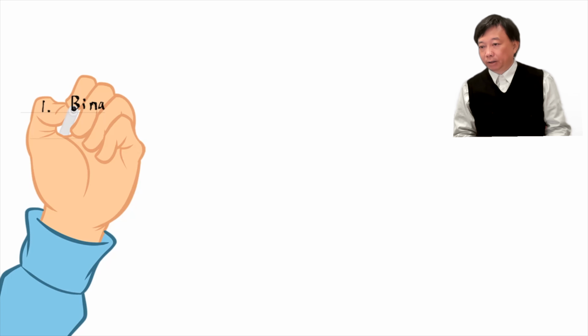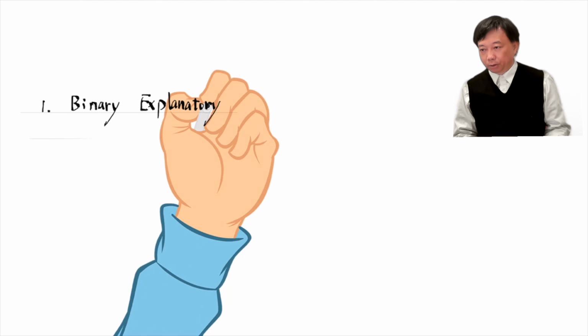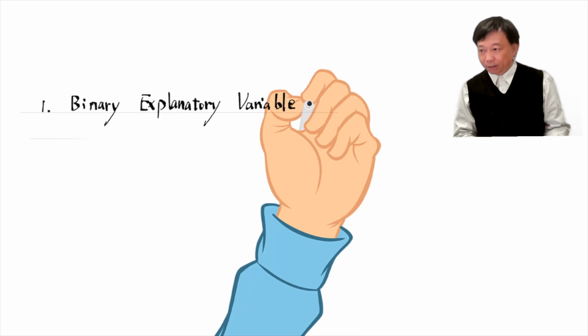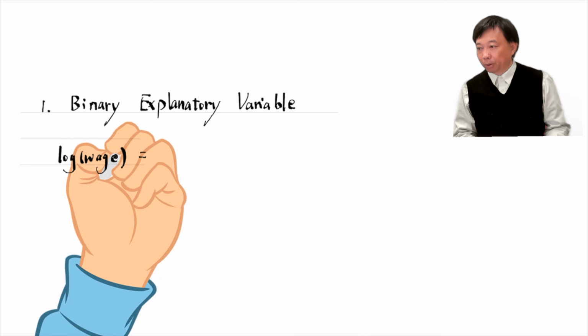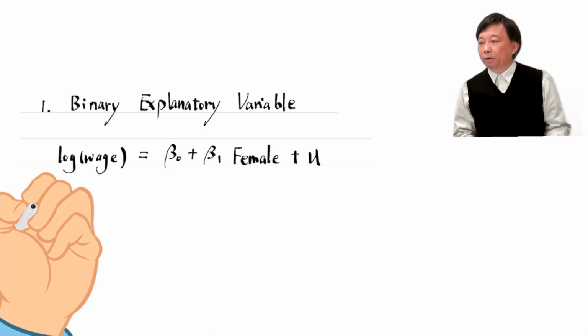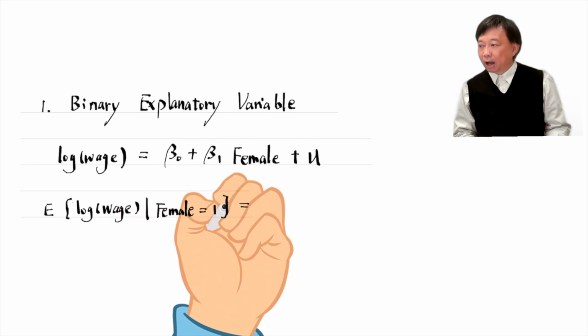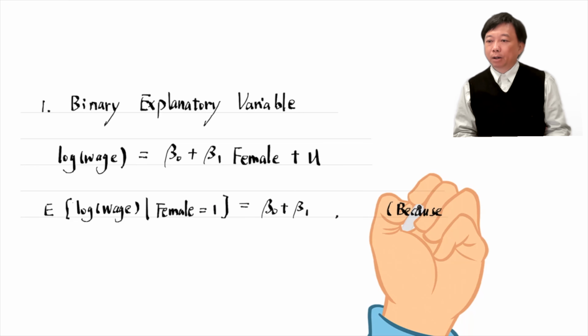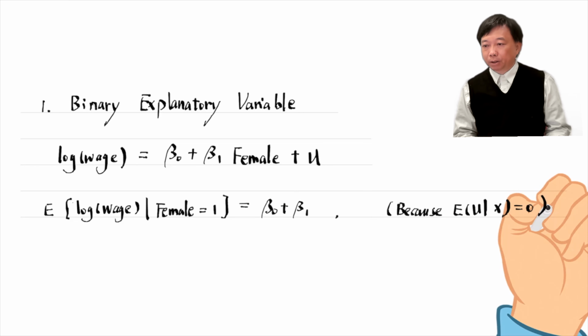Next, let's discuss the coefficients of the binary explanatory variables with a simple regression model. The population average of the log hourly wage equals beta 0 plus beta 1 when the binary variable female equals 1.